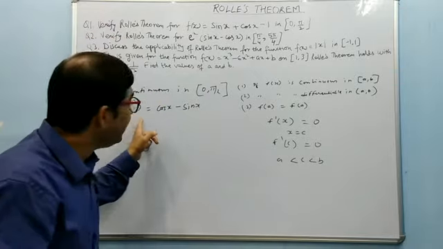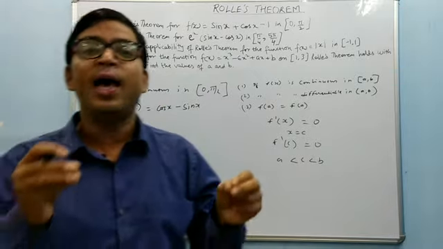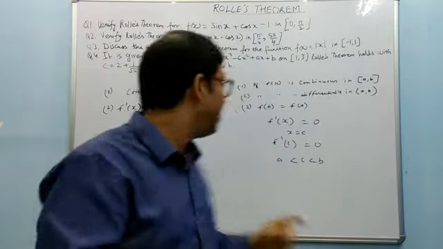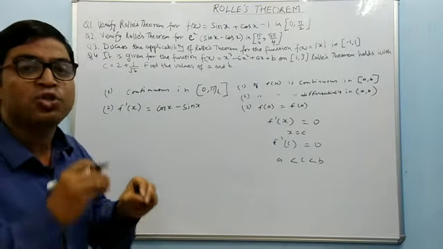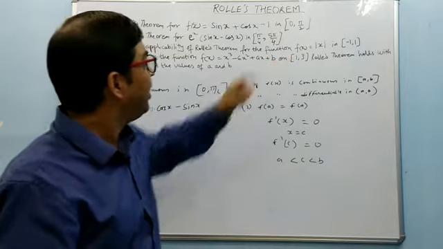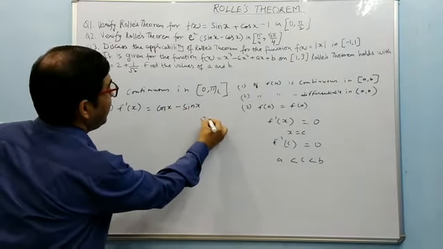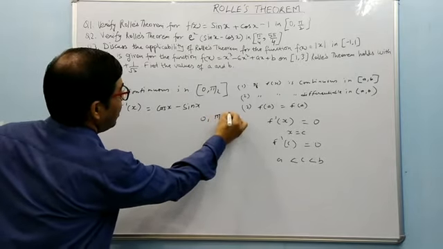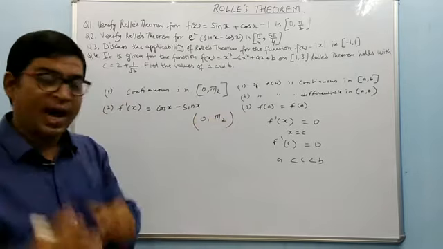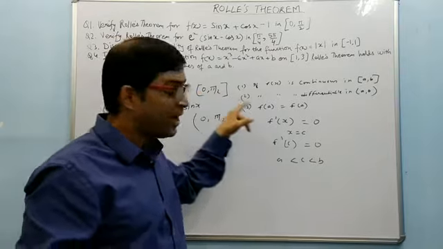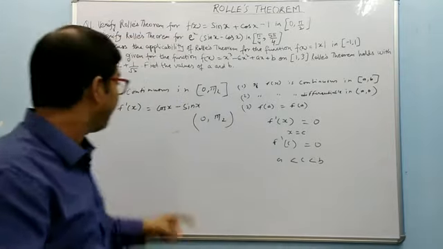Its derivative is defined at all values of x. What is the derivative? f dash x. So it is differentiable in the given interval, in the open interval 0 to pi by 2. Closed means the external boundaries are also included.